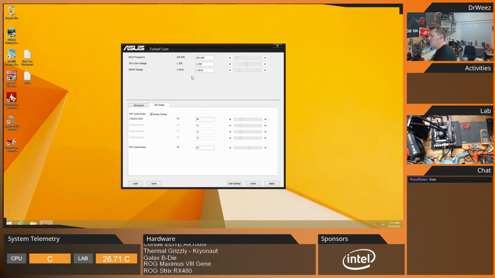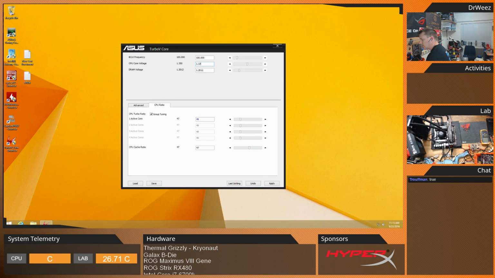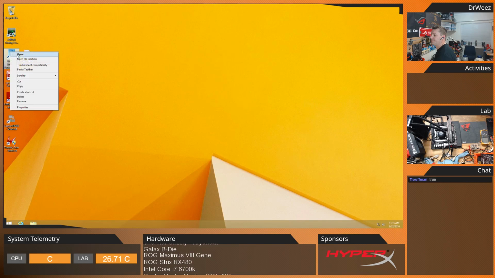So we're going to set 49 again, but what I'm going to do is increase the CPU voltage and try again.